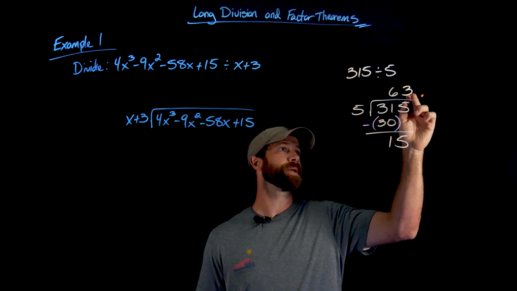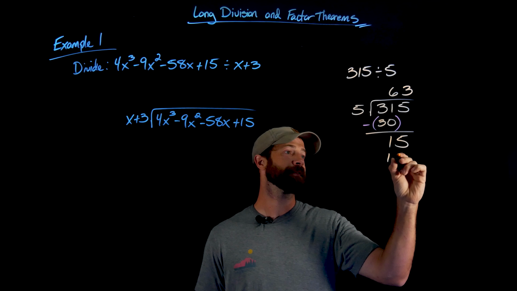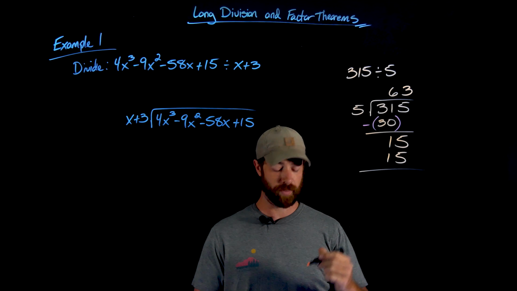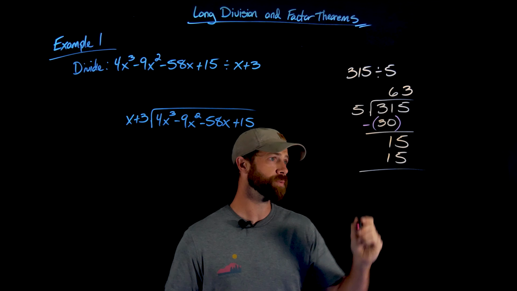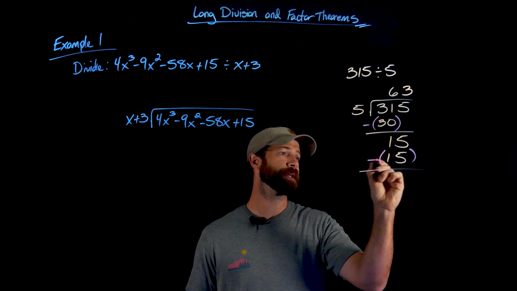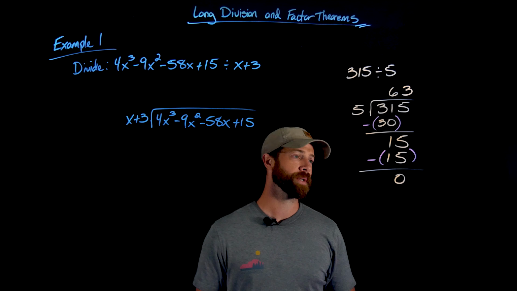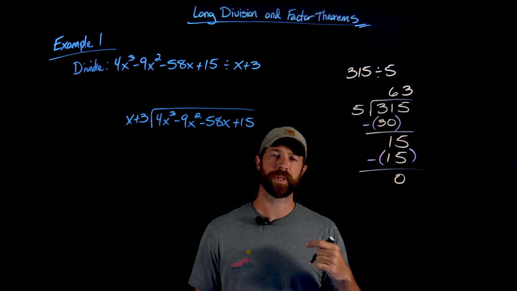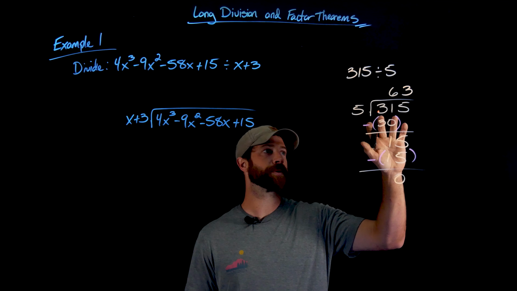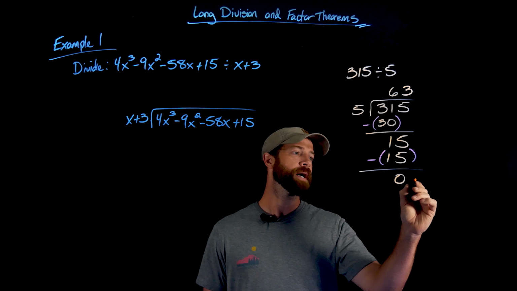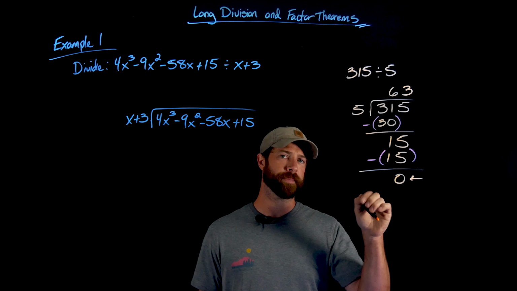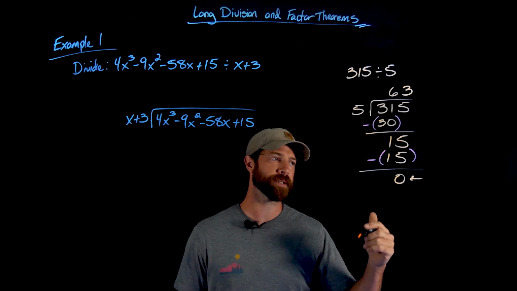That answer is 3 times. 3 times 5 is 15. This works out really well, because it's working out perfectly in this division, giving me a remainder of 0. This 0 is really important. This means that 5 divides 315 evenly, but we'll come back and talk more about this, of what do we do if we have a non-zero remainder.